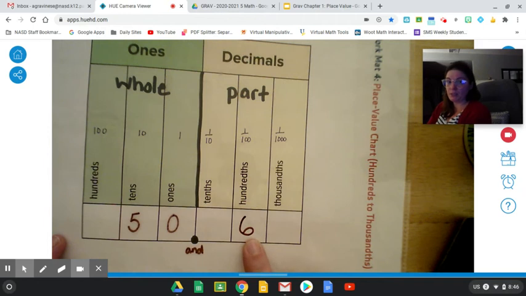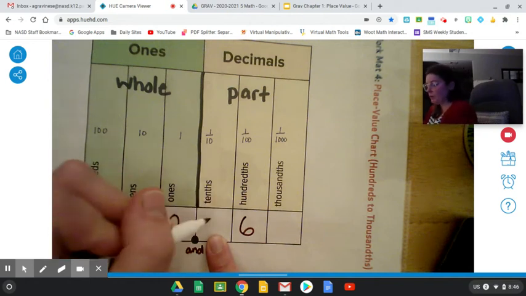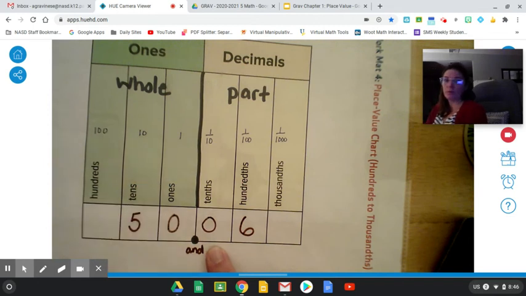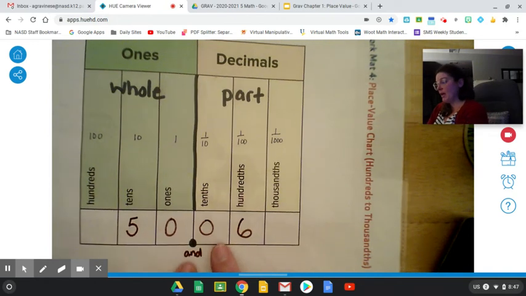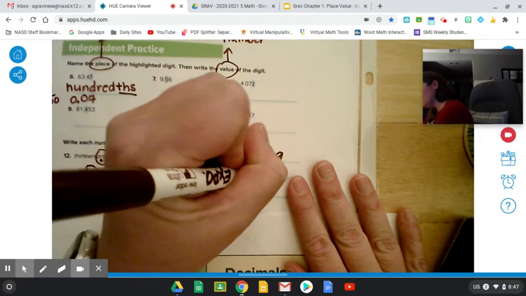Now it says 6 in the hundredths. So what do we do here? Did we have any tenths? We did not. So we need to show a 0. If you forget this 0, it would be incorrect. So here's what 50 and 6/100 looks like in standard form. 50.06.